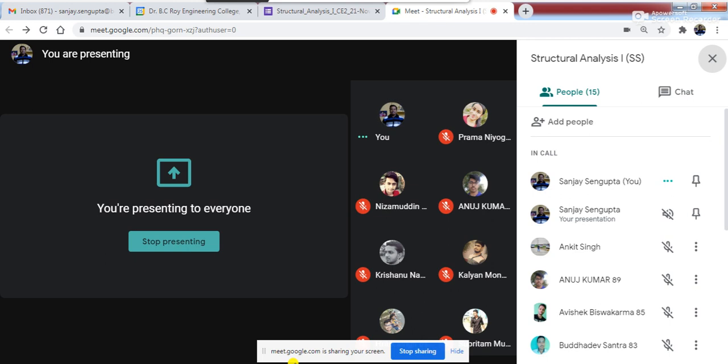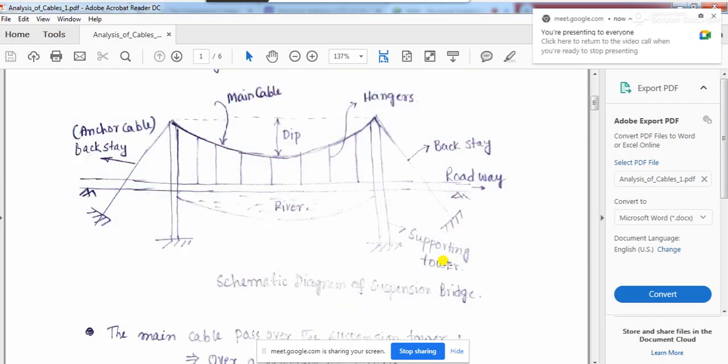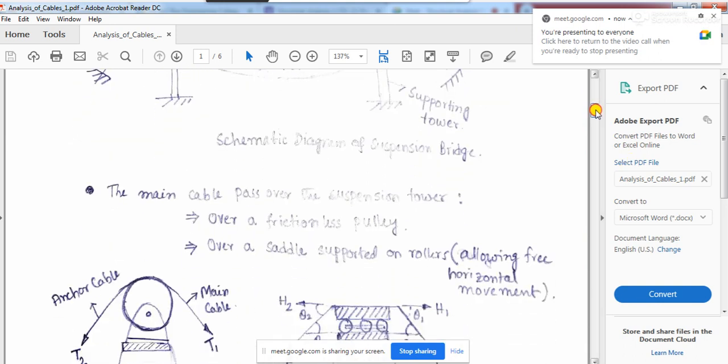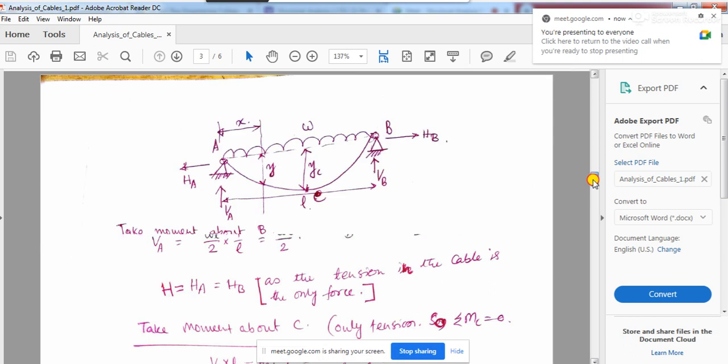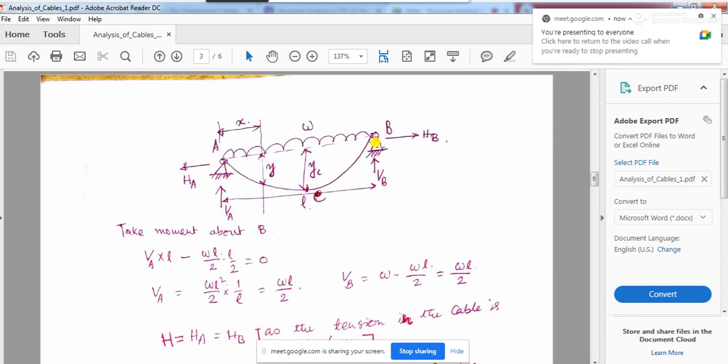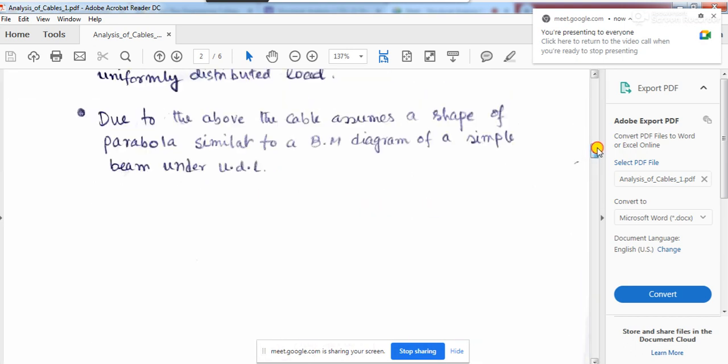So whatever we have discussed till now, we have said the supports of these cables, that means the supports on which the cables are kept, are at the same level.